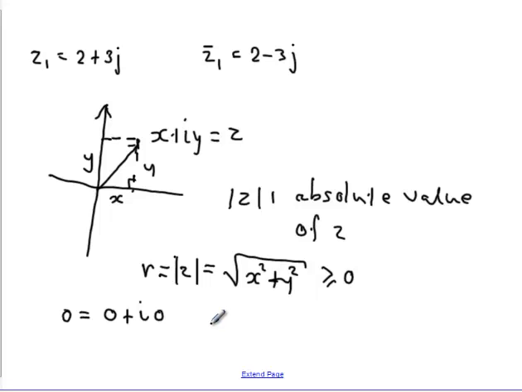Is that clear? Now I'm saying every real number is a complex number. That's the symbol we use for complex numbers. Why? Because if I've got 2 here, I want to give it its complex picture. 2 as a complex number would be 2 plus 0j.